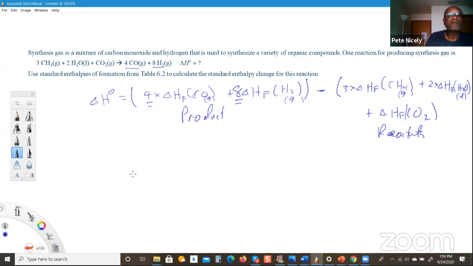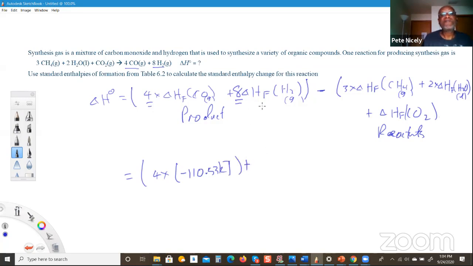Okay, so all we have to do now is go to the table and look for the data. So the first one would be for carbon monoxide, 4 times the value for carbon monoxide. I have a hard copy of the data here, which I'm looking through. And according to this, for carbon monoxide, the value of the enthalpy of formation would be minus 110.53 kilojoules, all right?